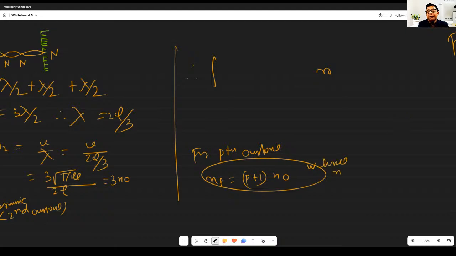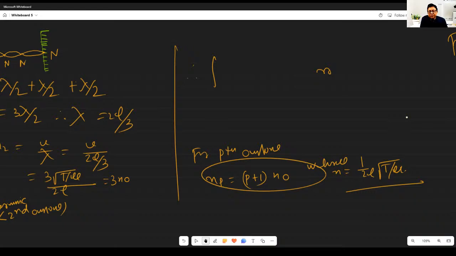where n0 equals that fundamental tone frequency, 1 by 2L root T by mu. Clear? Understood? So this is the general relation. Never forget, for pth overtone. If I have asked you for pth harmonic, what's the formula? Instead of pth overtone, if pth harmonic is there, what will be the answer?